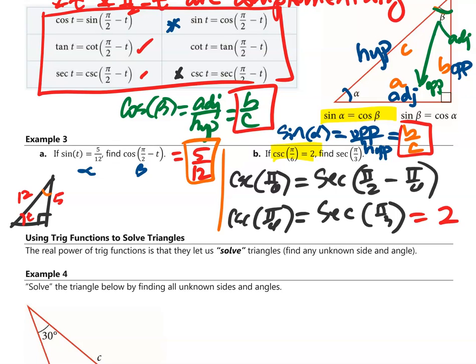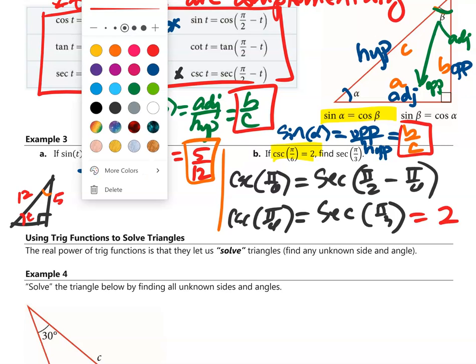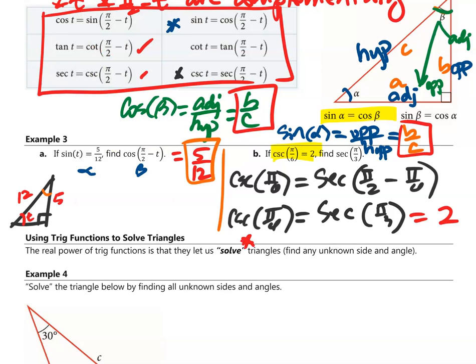Okay, and also if you notice here, pi over 6, that's 30 degrees, and pi over 3 is 60 degrees. So we can say that pi over 6 and pi over 3 are complementary.